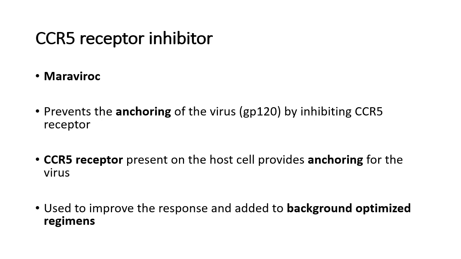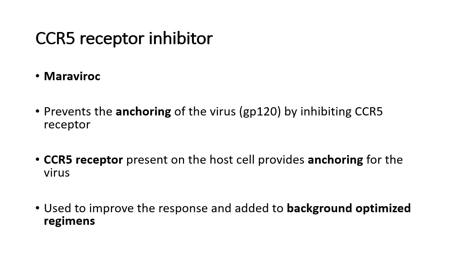Coming to the fourth class, CCR5, chemokine co-receptor 5 inhibitor, maraviroc. This drug antagonizes the CCR5 receptor by binding to it. GP120 is the one which helps in binding of the virus to CCR5.